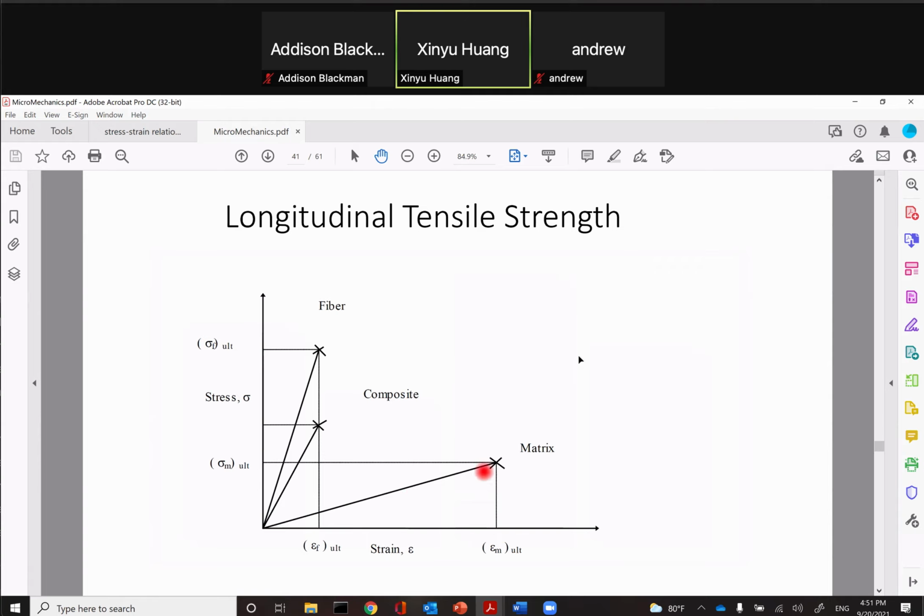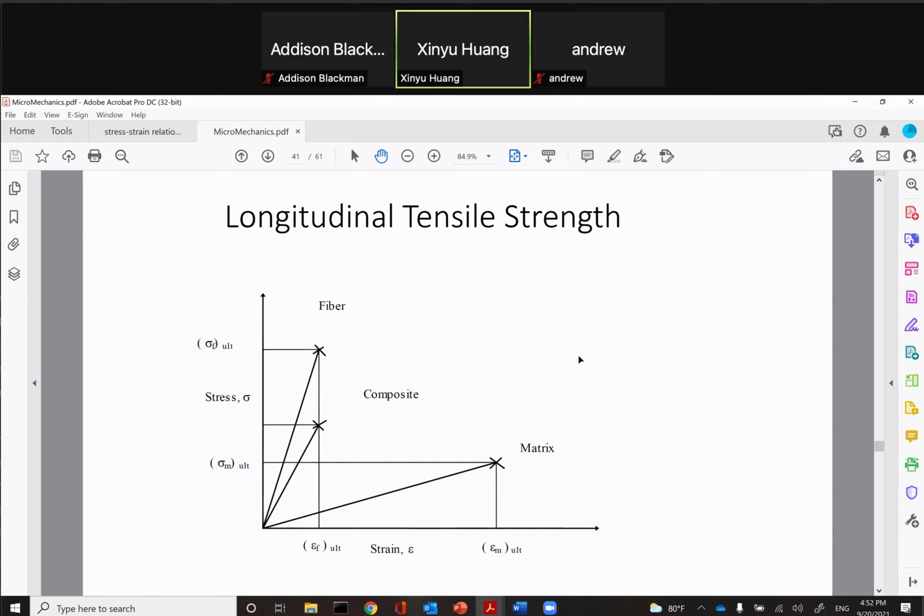As you can see, the slope is much less because matrix has a much lower modulus. And the composite is in between. It's lower than fiber, higher than matrix, and your failure stress is also in between. When the fiber fails at its strain level is where usually the composite fails. Okay, that's pretty typical.